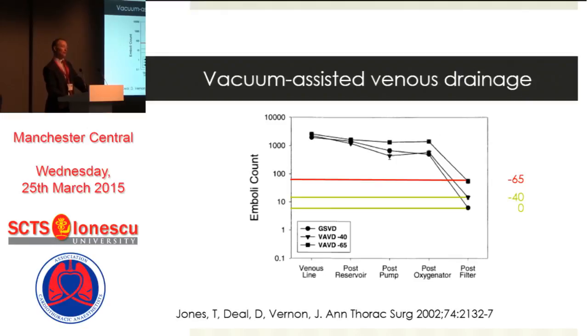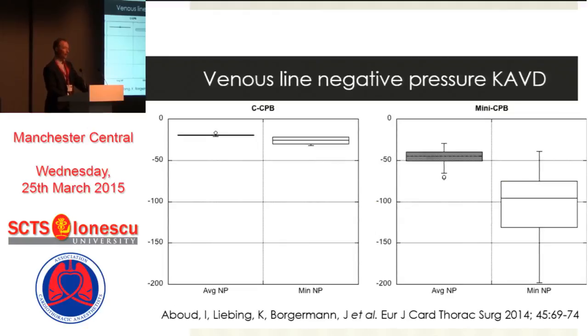And this isn't necessarily because of air entrainment, but because we seem to alter the air handling capacity of the bypass circuit. This is our graph looking at the venous line pressures with mini bypass. You can see that the median pressure with mini bypass approaches or is at about minus 50 millimeters of mercury, but the peak negative pressures detected in the venous line approach minus 200 millimeters of mercury.